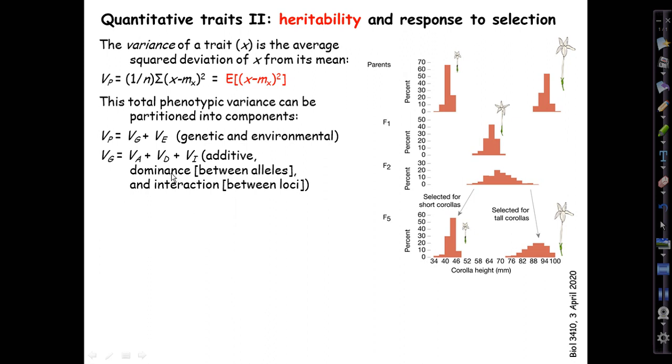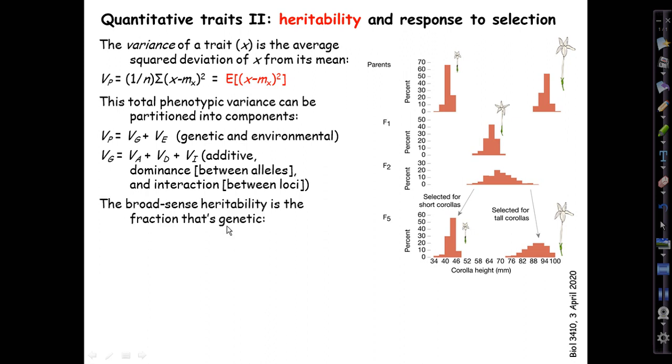VD, dominance variance, is that contributed by interactions between alleles, where there's dominance and recessiveness at a locus, and then VI is the interaction between loci, so-called epistasis, which we won't go into because it tends not to be a very large contribution.